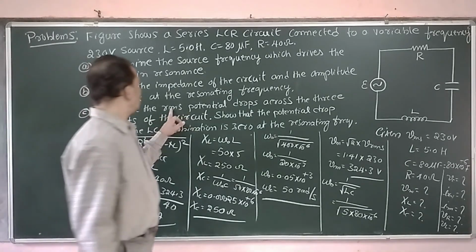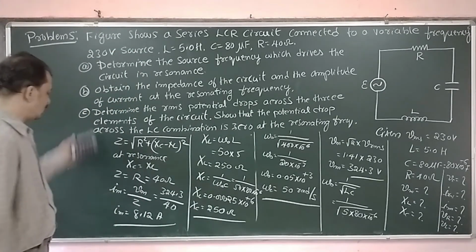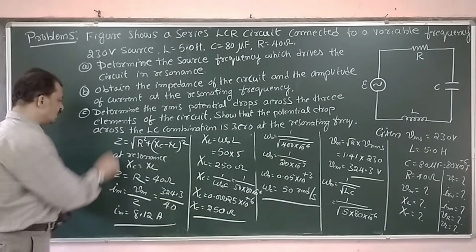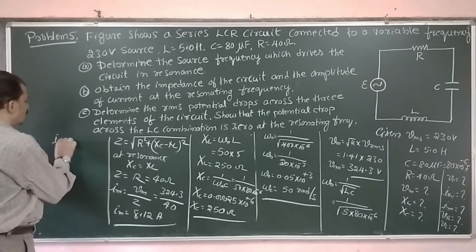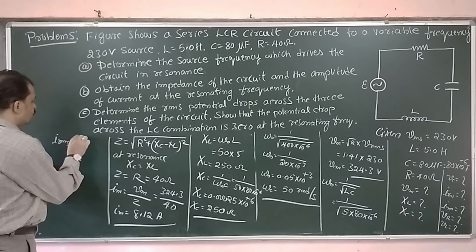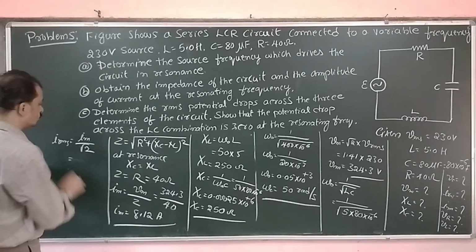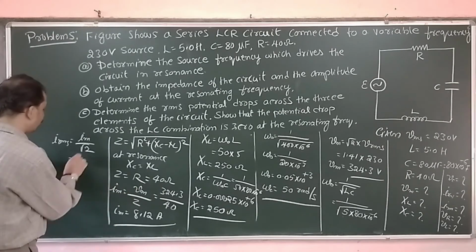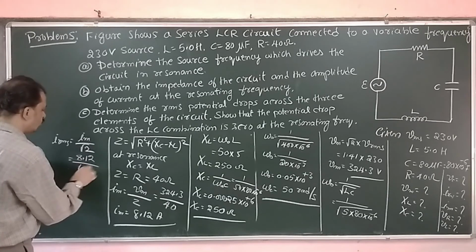Determine the RMS potential drop across the three components. So from this I have to calculate the RMS value of the current. Now IRMS is equal to Im by root 2. Im is 8.12 divided by 1.41.